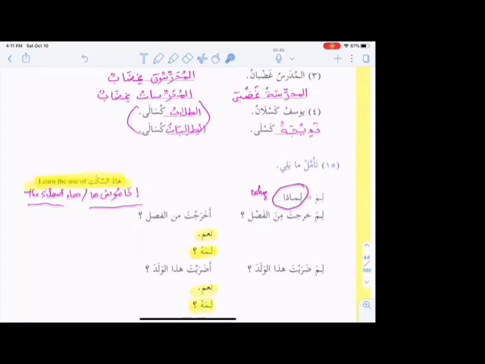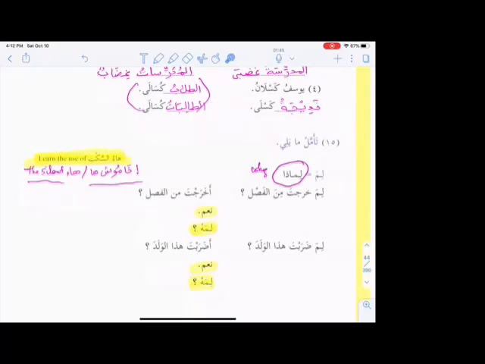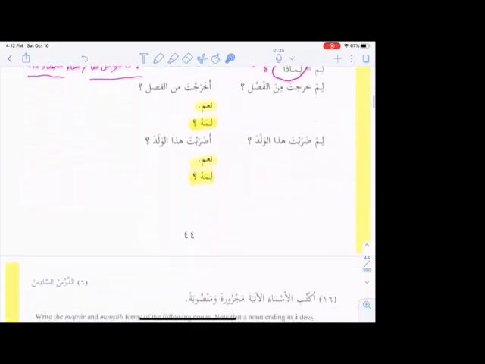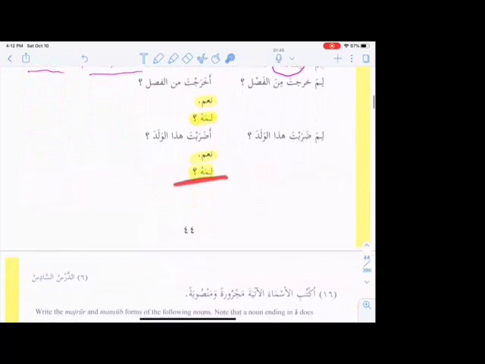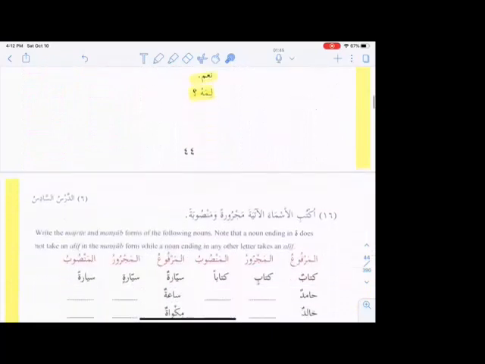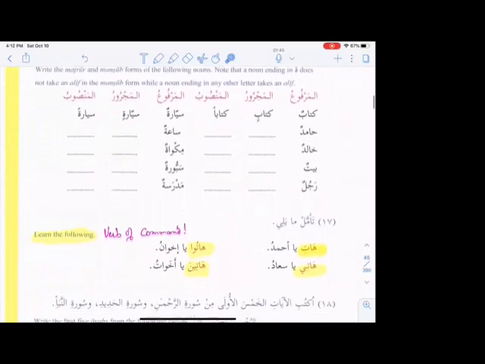Akharajta min al-fasli? Naam. Akharajta min al-fasli? Did you come out of the class? Yes. Then you are saying lima. You are not saying limaza kharajta min al-fasli. Or you did not even say limaza. So you say lima. That's it. Why? Lima darabta hadha al-walada. Darabta hadha al-walada? Naam. Lima. So that is how the lima is used, you know. This ha is silent.